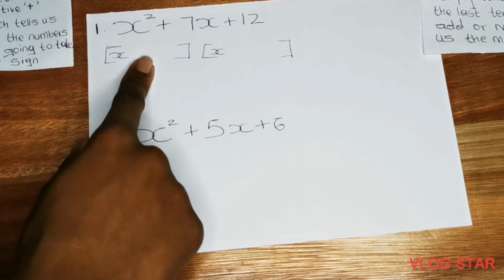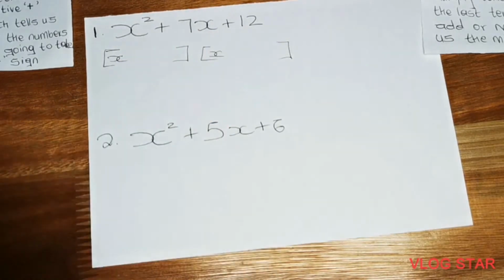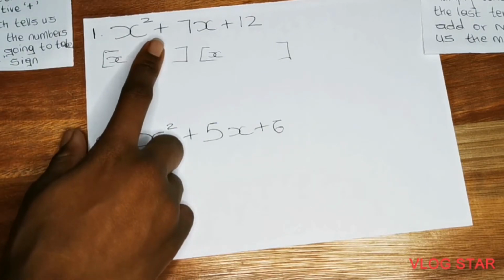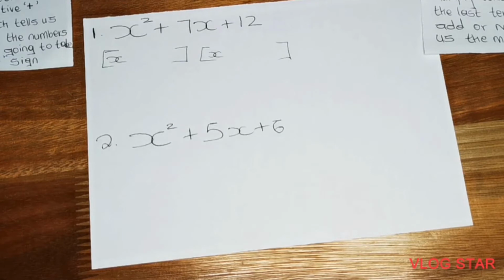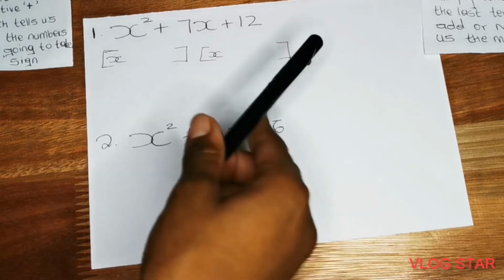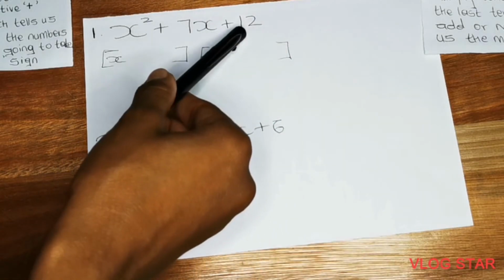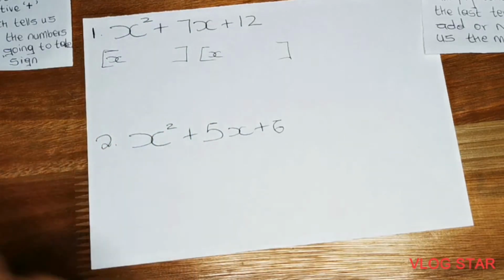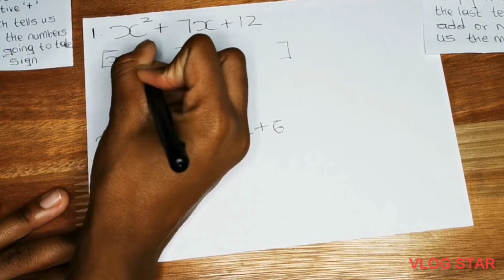So which sign are we going to use? This is where the type of trinomial comes in. In this type, all terms are positive, which tells me that all the numbers we are going to find, multiplying to 12 and adding to 7, are going to have a positive sign.